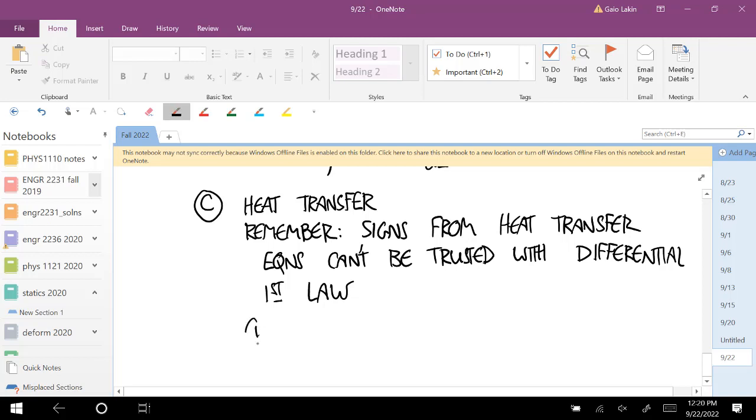And there are 3 types of heat transfer. The first one is conduction. This equation is called Fourier's law.